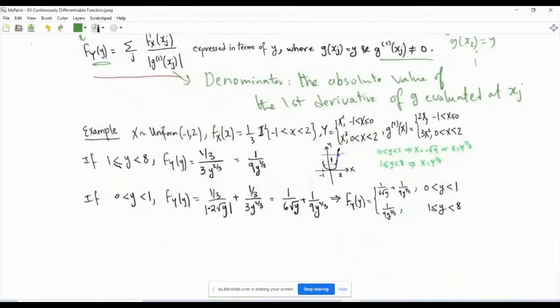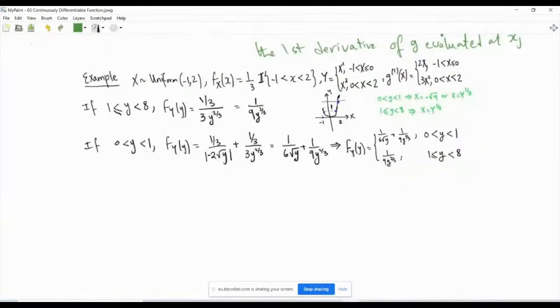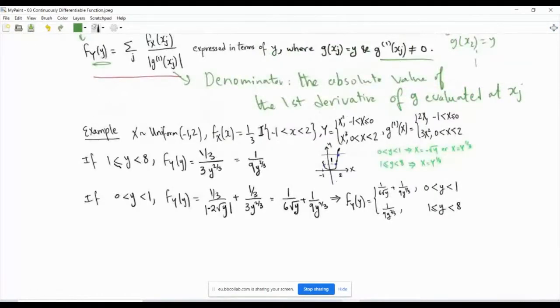Okay, so let's take an example. So this is the relationship between y and x. It's a function: y is equal to x squared if x is between -1 and 0, and y is x cubed if x is between 0 and 2. It's again piecewise defined. So for x between -1 and 0, it is a quadratic curve like this.